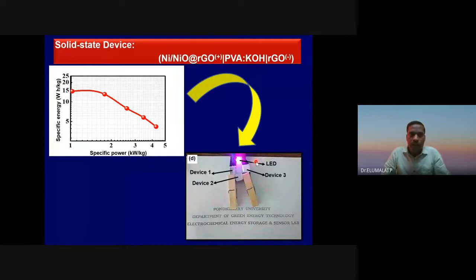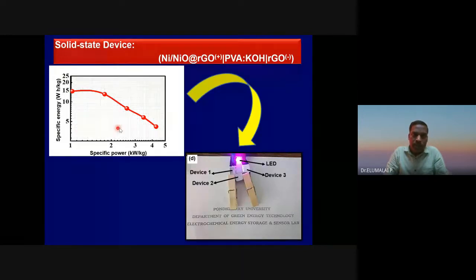This is another solid state device. The material that we have used was nickel oxide along with the RGO as a positive electrode and RGO as a negative electrode, and we have used PVA KOH as the solid electrolyte. How much is the energy density? As high as 15 watt-hour per kg, much better than the conventional capacitor.